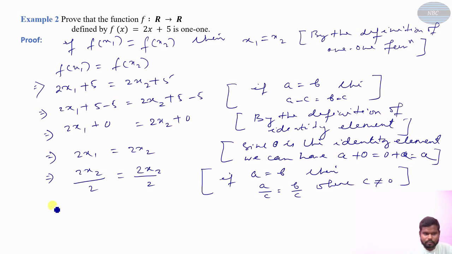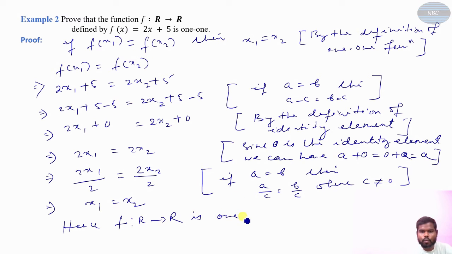So when we divide, we get x1 is equal to x2. So from f(x1) is equal to f(x2), we got x1 is equal to x2, hence f is a one-one function.